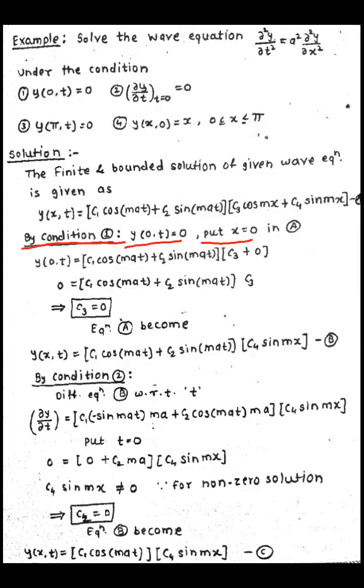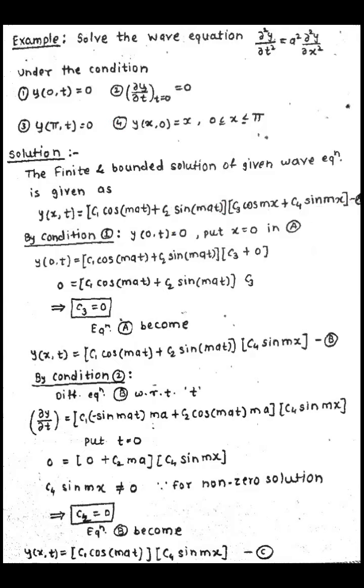So here we need to consider x = 0 in equation A. Put x = 0: the first bracket is as it is for all t values, and in the second bracket cos 0 is 1, so it is c3, plus the sine term, which is 0.